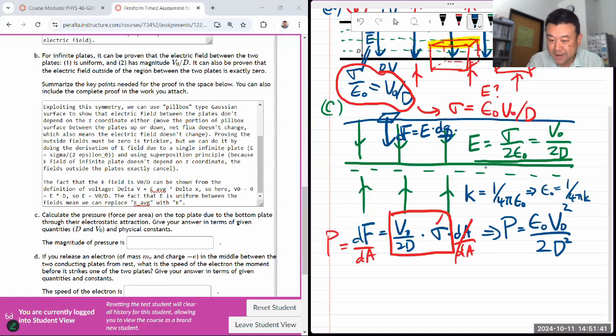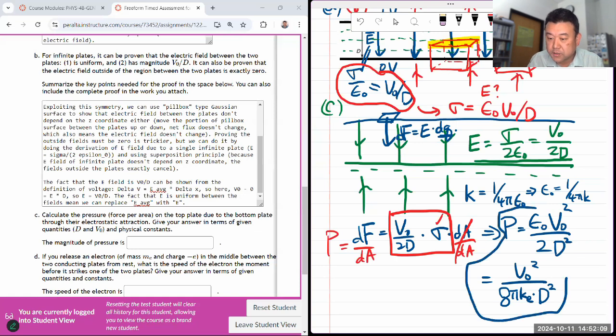So I can replace that and say pressure is also equal to V naught squared over 4 pi times the Coulomb constant times 2. So that 4 is actually 8 now. So that's 8 pi ke times d squared. So both of these are valid expressions for pressure.